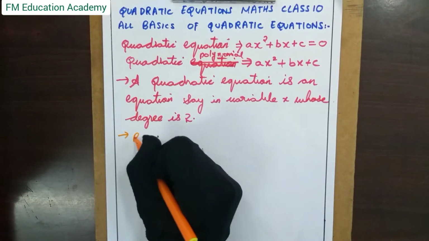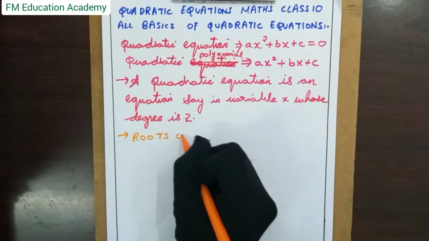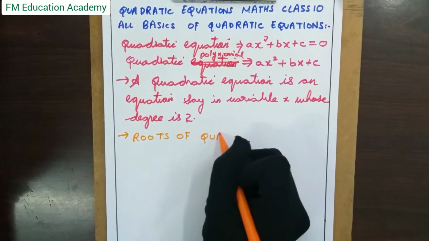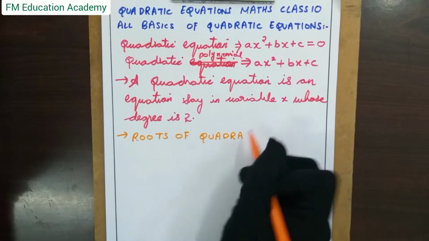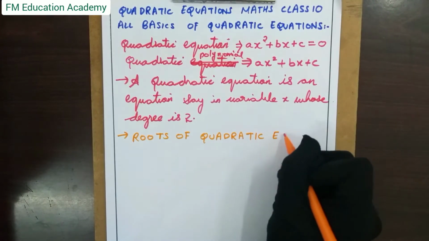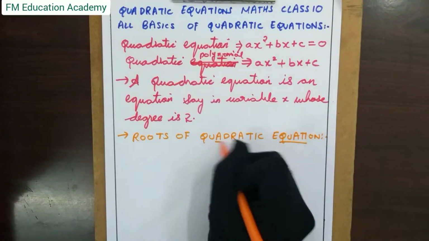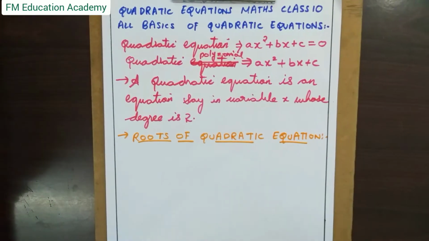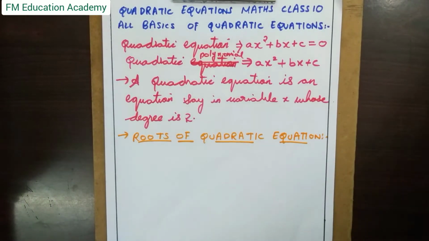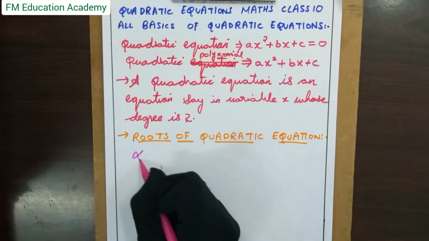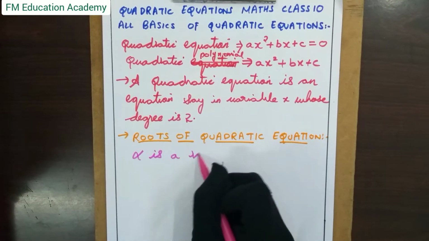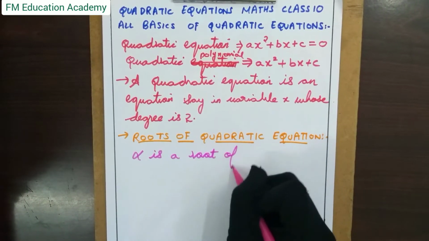What do we mean by roots of a quadratic equation? Roots and solutions are the same, as for a quadratic polynomial. Let us assume that alpha is a root of a quadratic equation.